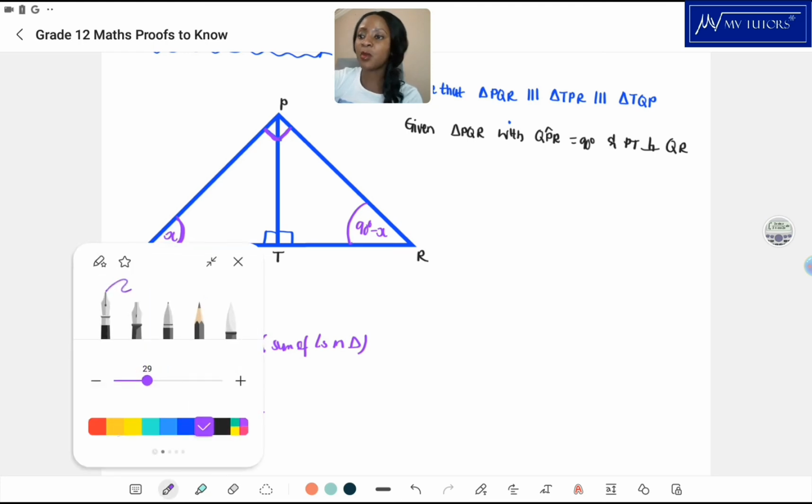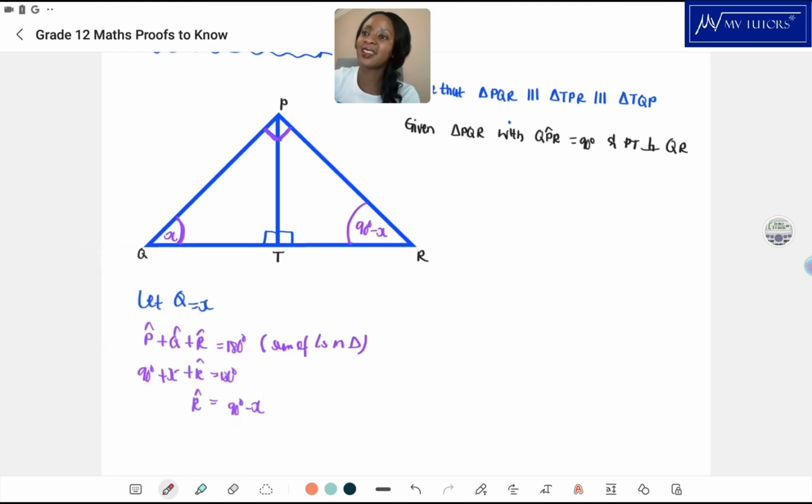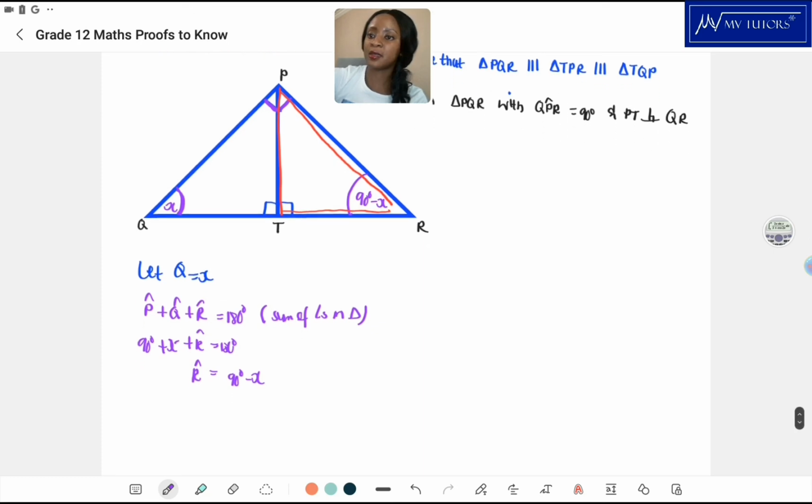Now for the smaller ones, let's say this is the smaller one here, PTR. For the purple, all of this was in triangle QPR.